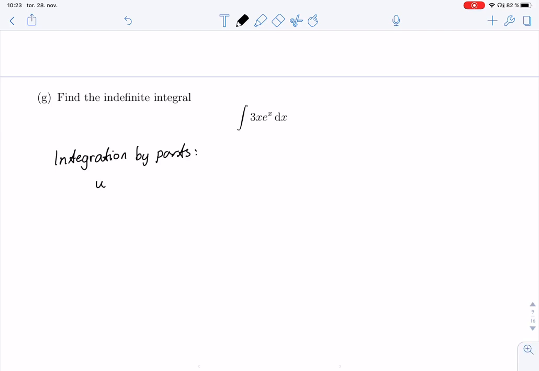So I put u equals 3x and dv/dx equals e^x. I take the derivative of that and I will get 3, and the integral of this and I get e^x.